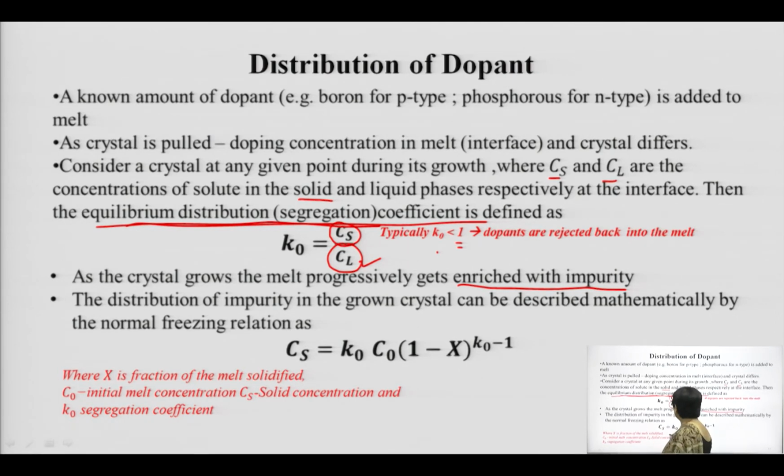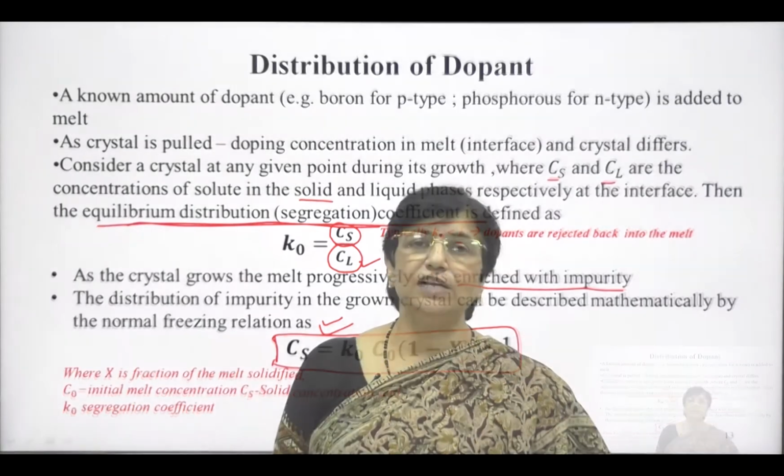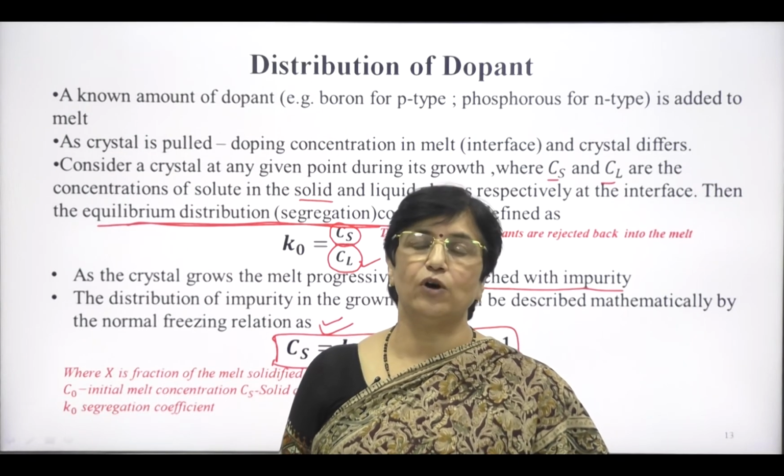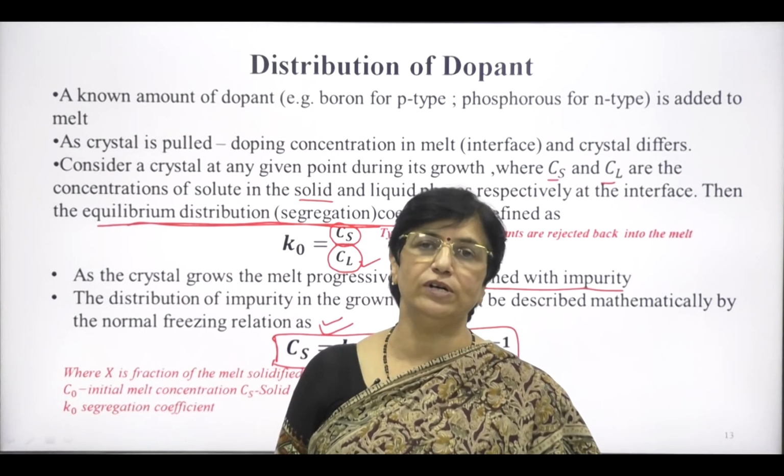as the crystal grows. And therefore, this is the final point you need to know, that is the normal freezing relation, and this freezing relation defines till what depth or at what rate you need to grow the crystal, and the rate at which the concentration is increased in the molten silicon.